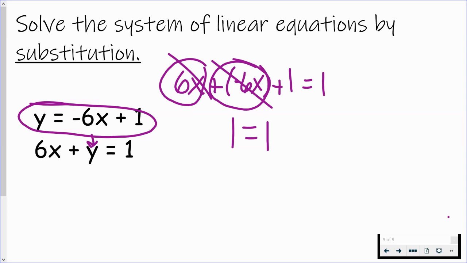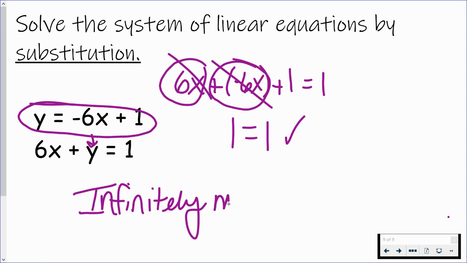Now, when the variables cancel out and you're left with a true statement, so hopefully you agree that 1 equals 1, they're the same exact number, then in this case, it is infinitely many solutions.